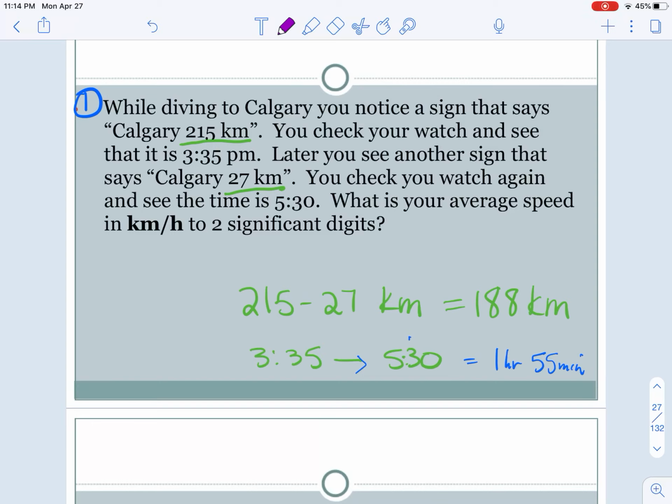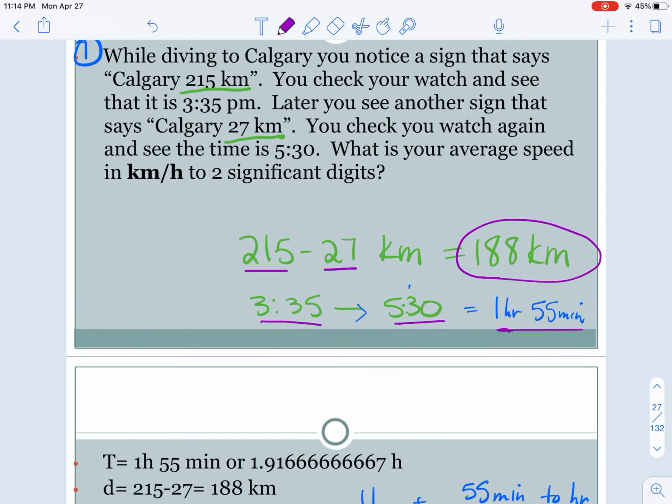So, for example, we've got a few examples here. Try to draw these out if you have a lot to read. You see that Calgary is 215 kilometers away at 3:35, and later you see that it says it's 27 kilometers away.